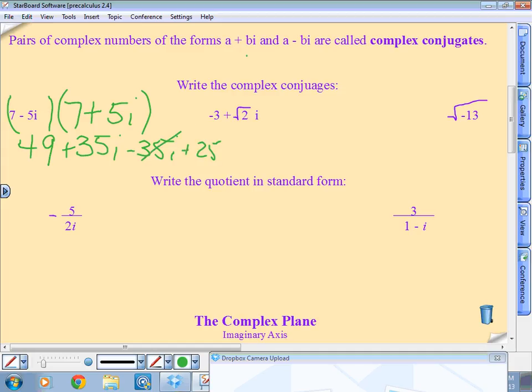So the reason we do the conjugate, these i's drop out, and you're going to have 49 plus 25, which is 74. It's a number. It's actual math. Do you see that? Yeah. That's why they want the idea of this conjugate, so that you can get rid of the i's. So we can get actual numbers for once.